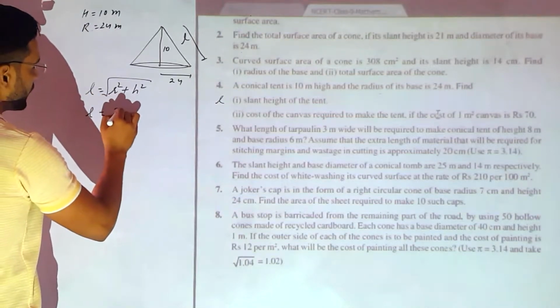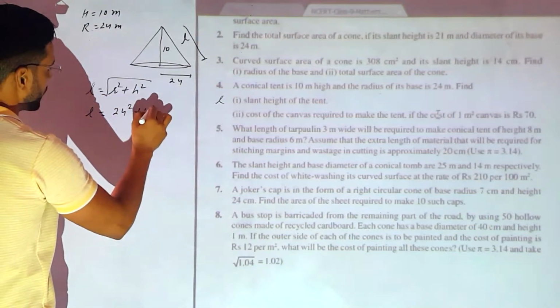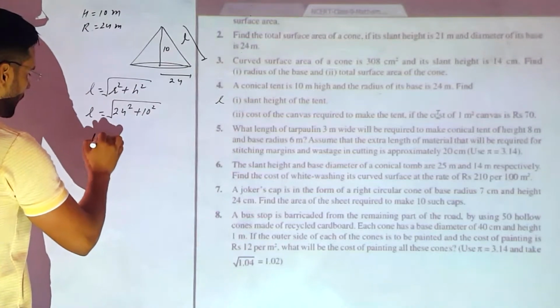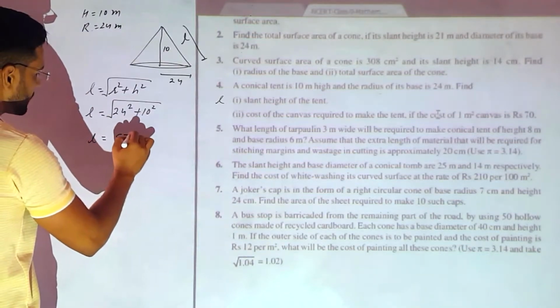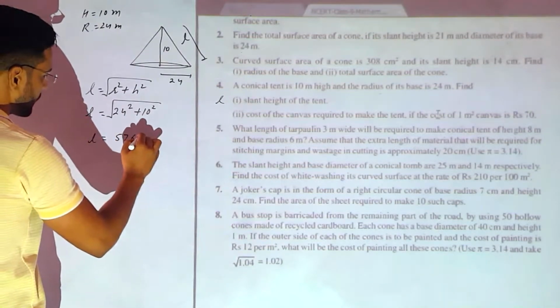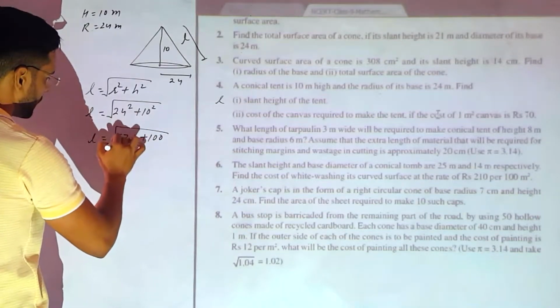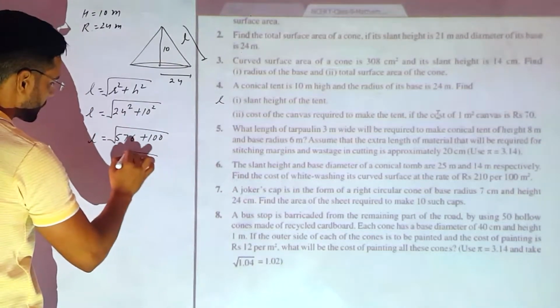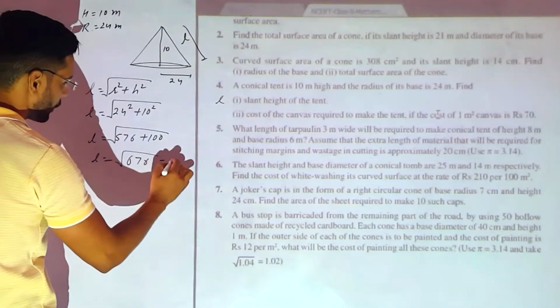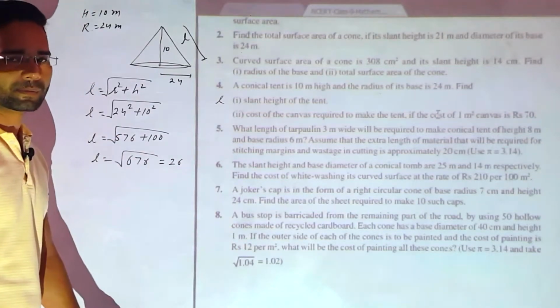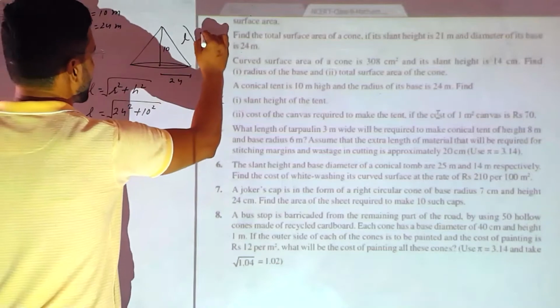L square is equal to 24 square plus 10 square, under root. 576 plus 100 means 676, means 26. L is 26.